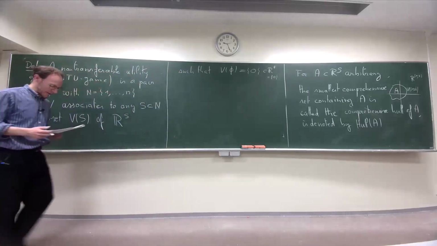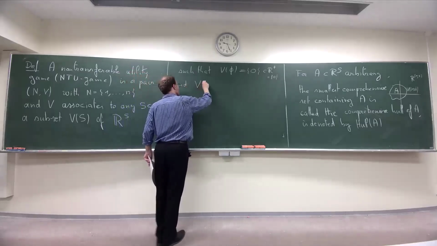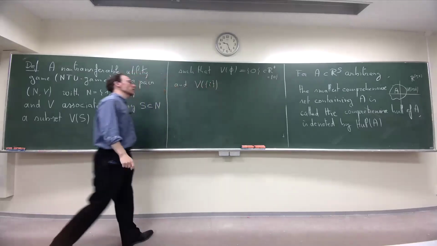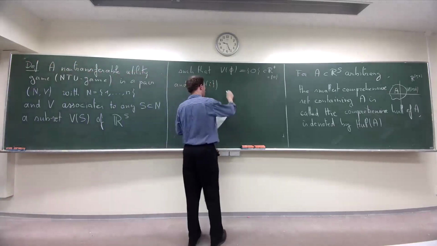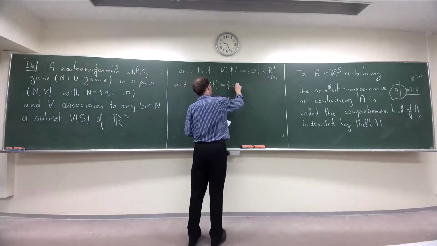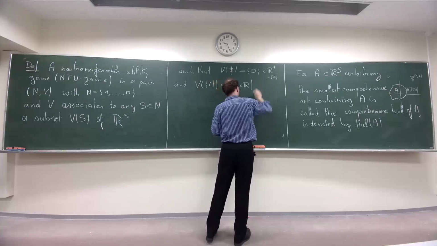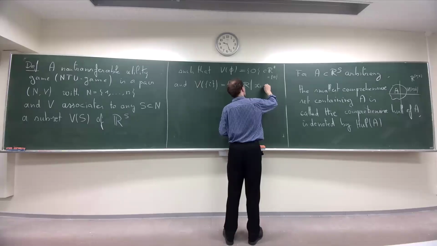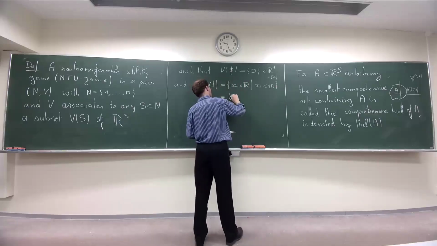Don't worry about this. But now, we have additional conditions. V of a subset containing just one player, V of i, it has a specific form. It is a set of xi belonging to R, so that xi is smaller or equal to a certain number vi, which means it is exactly what I mentioned before.